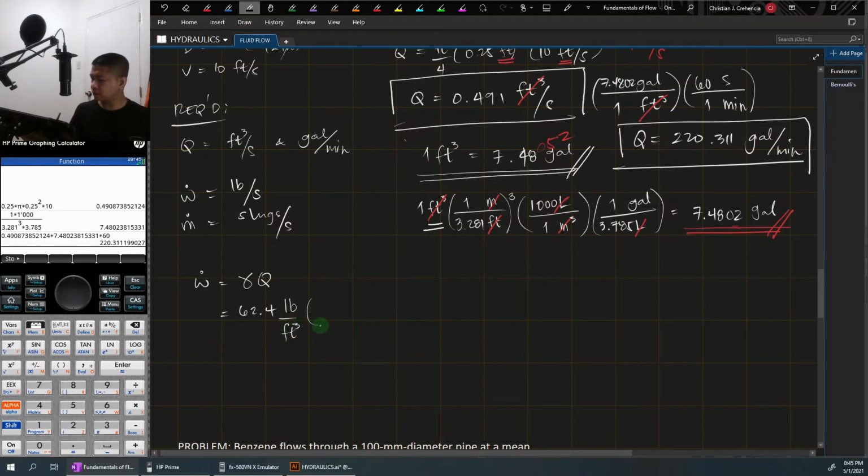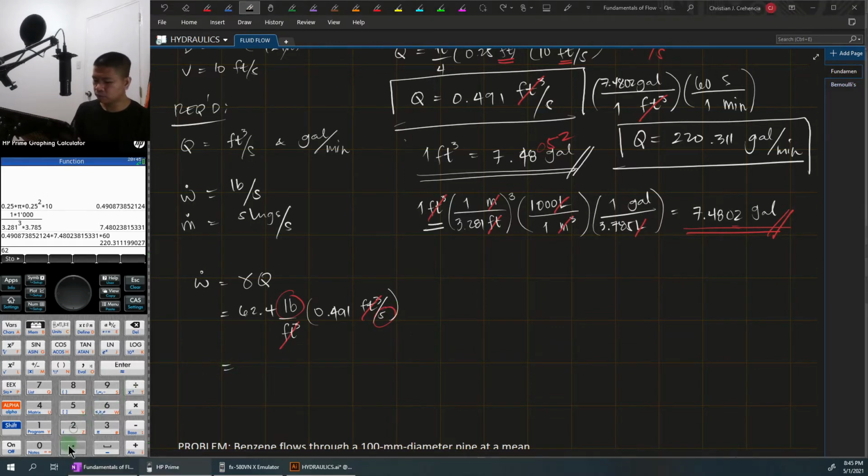Then multiply by the discharge in cubic foot per second, 0.491. So we can cancel cubic foot.